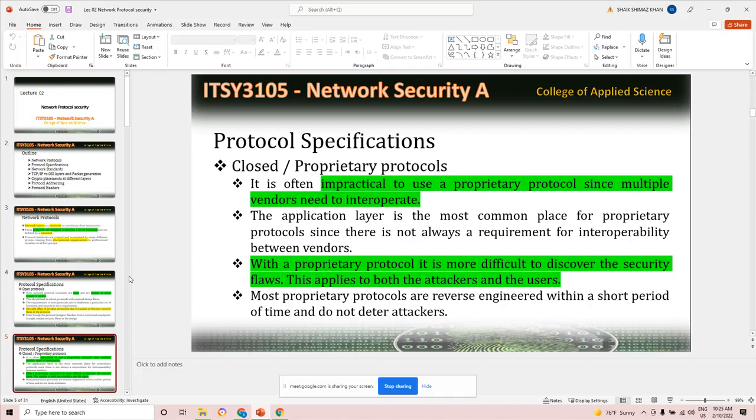Then the proprietary protocol doesn't suit, whereas the open protocol is very good in that situation. And also regarding the proprietary protocol, the logic, the algorithm, the structure of the protocol is not revealed. So it is difficult to discover the security flaws.